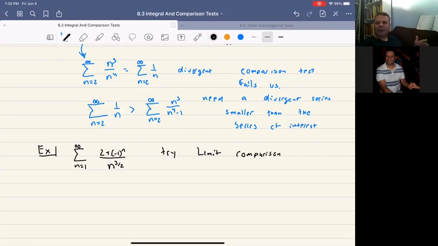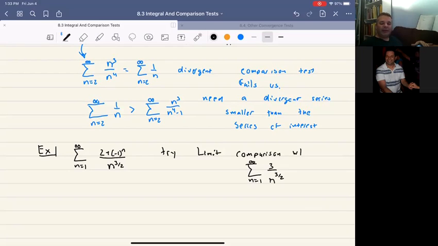We're going to try the limit comparison with 1 over n to the 3 halves. Actually, let's even do it with 3 over n to the 3 halves. You'll see why in a second, because that's what we're going to do the comparison test with.